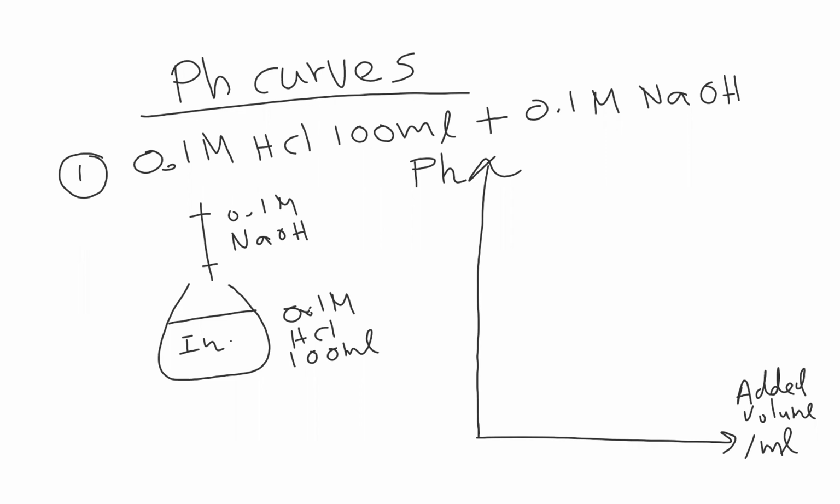Now remember, in the curve we show the pH of the conical flask, and we show the added volume of this base.